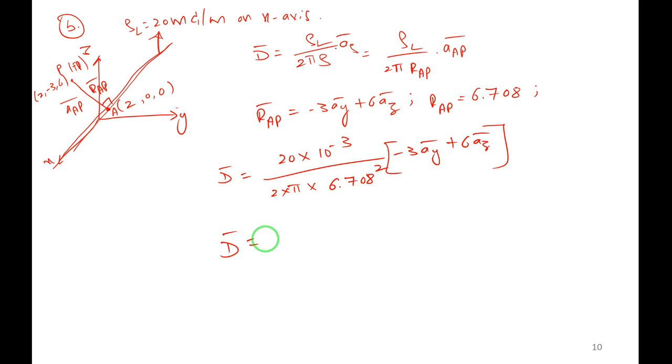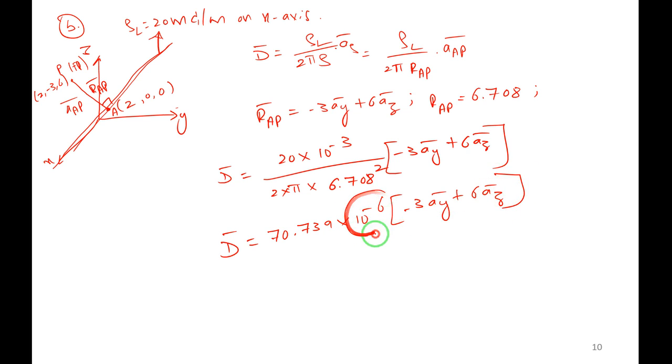So calculate this. 20 exponential minus 3 divided by 2 into pi into 6.708 square. I am getting it as 70.739 into 10 power minus 6, into minus 3 AY plus 6 AZ.